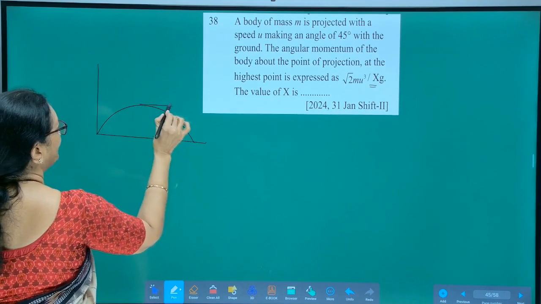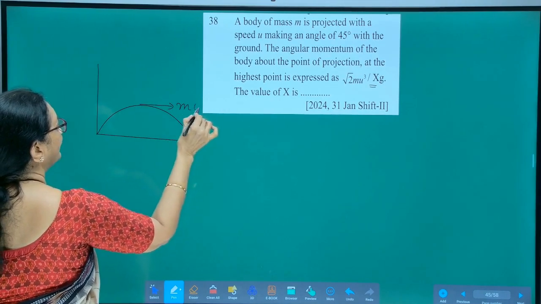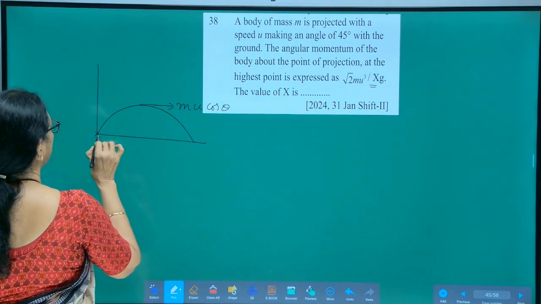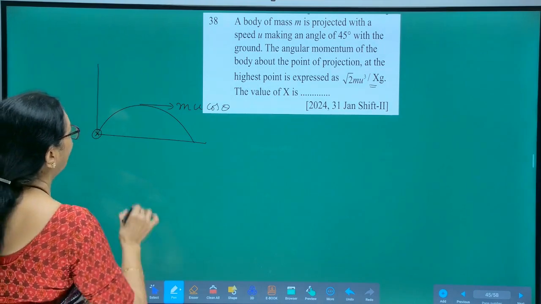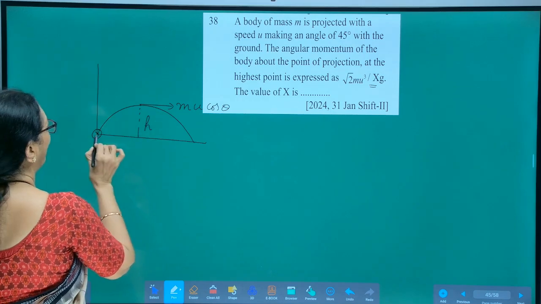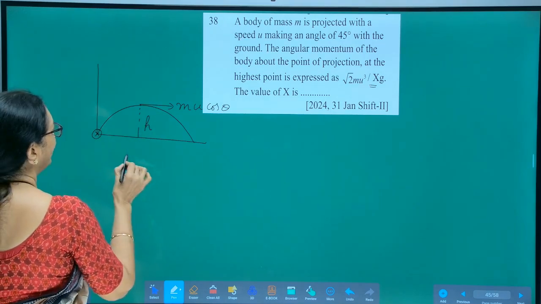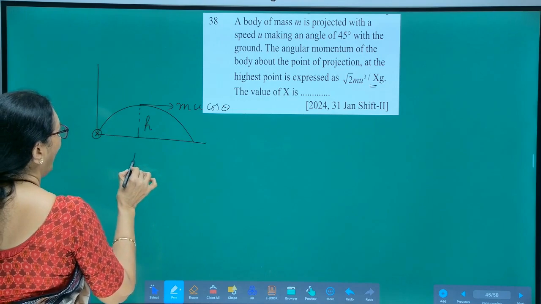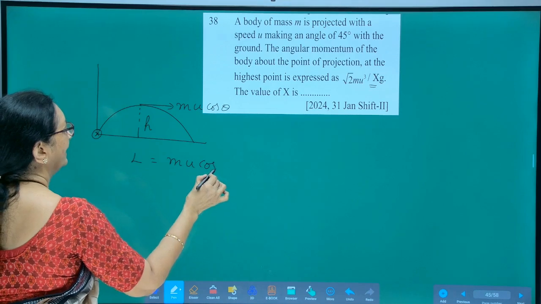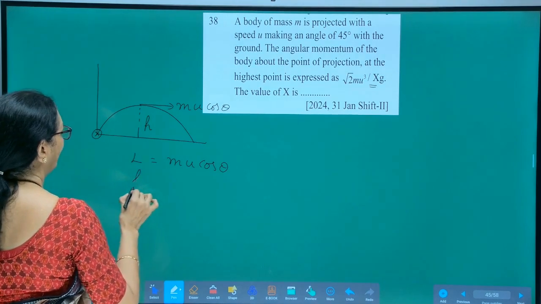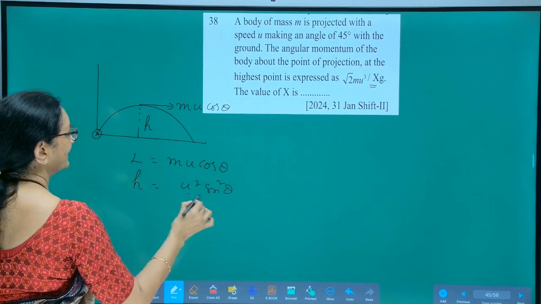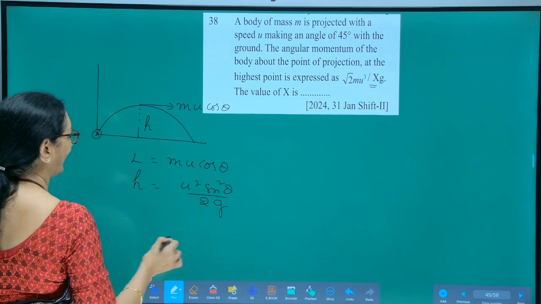At the highest point, linear momentum is mu cos theta, it is along the horizontal. This is the point of projection. The perpendicular distance of linear momentum about the origin is h. So, angular momentum when it is at the highest point is mu cos theta times h. Maximum height reached by a projectile is u square sin square theta by 2g.